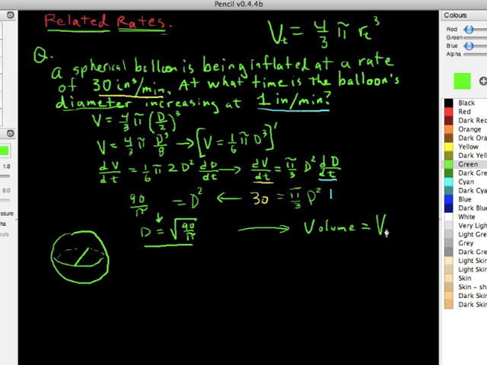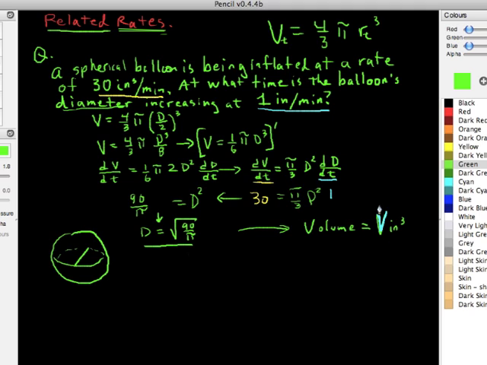Let's say we know that it's going to be V cubic inches. Well, we know how fast the volume was increasing. It was increasing at 30 cubic inches per minute.